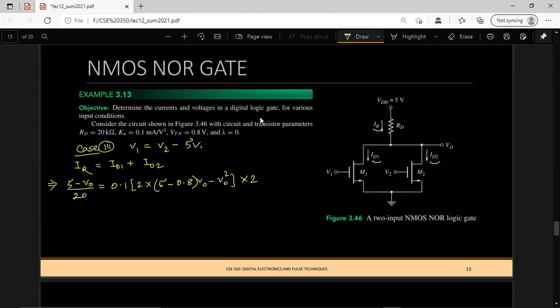So we can repeat this one here, or we just multiply this one by 2. But if these two transistors are not symmetric, that means the internal parameters Kn and Vtn are not the same, we need to write it down.